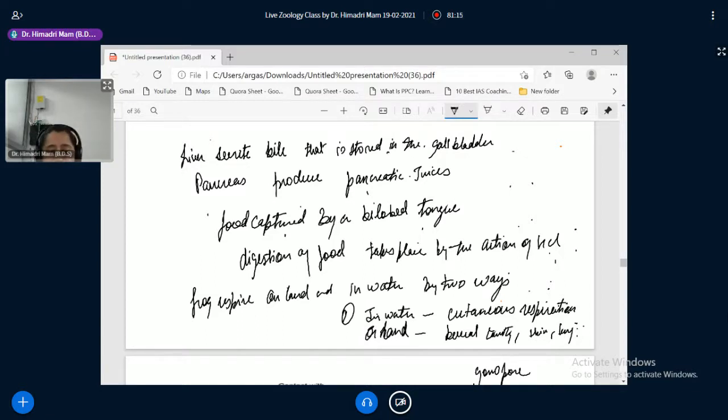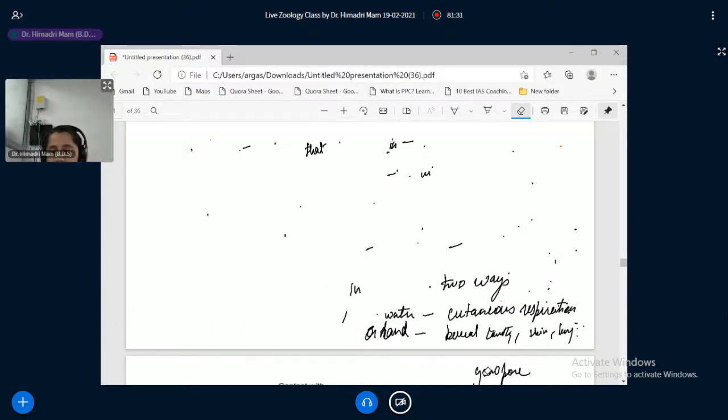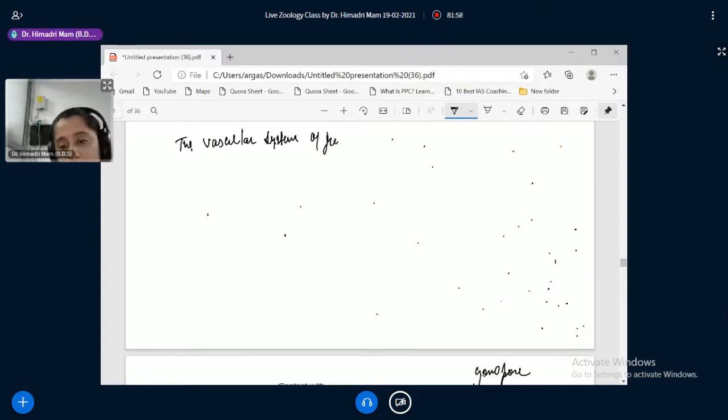The vascular system is well developed. Basically the vascular system of frog is well developed, that is closed, and has a lymphatic system also.